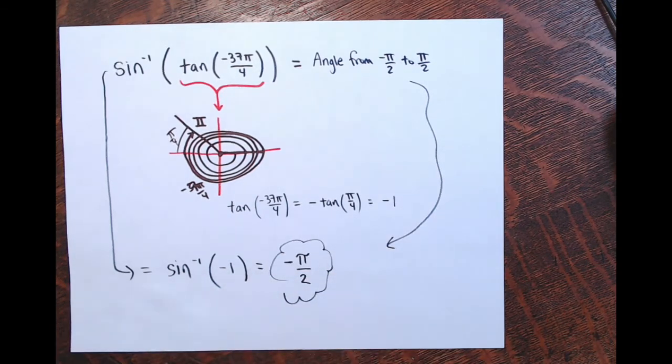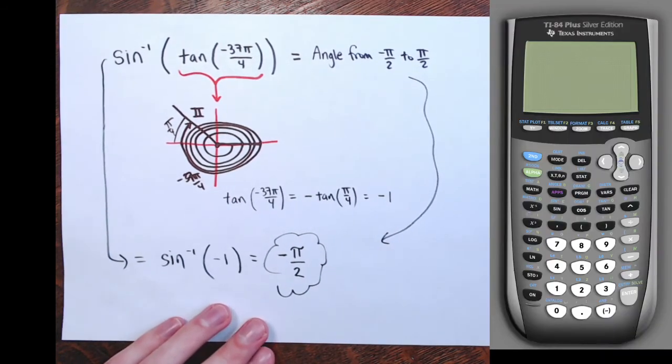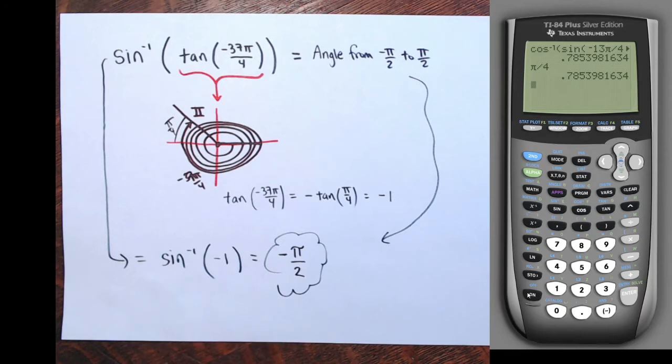All right, and let's again verify this with our calculator. So clear this. Let's go inverse sine of the tangent of negative 37 pi divided by 4. So it's negative 1.570.